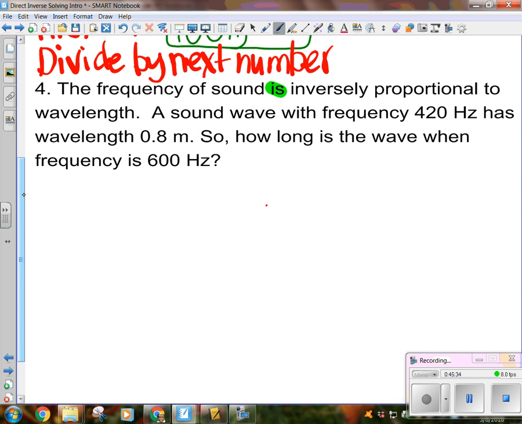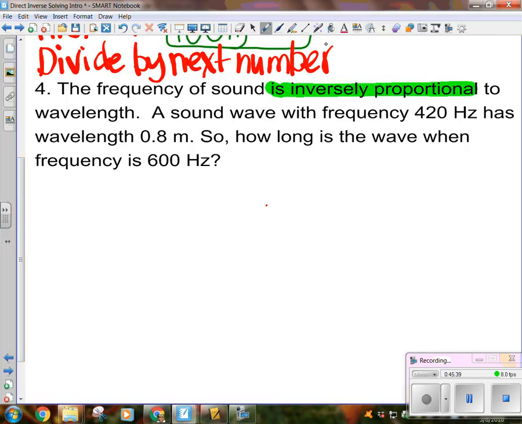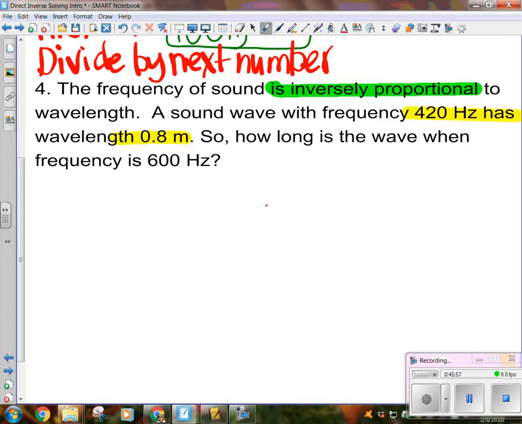Okay, this is inversely proportional again. We're not doing a proportion. We're going to multiply. Tell me the first two numbers you see that go together. Okay. 420 hertz, 0.8.